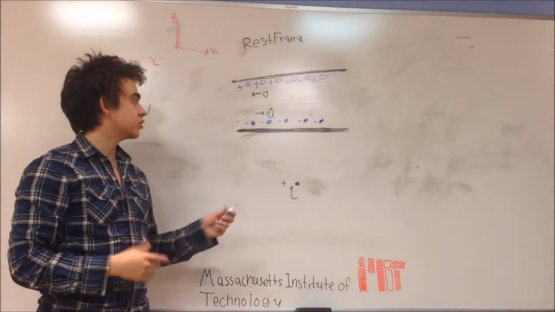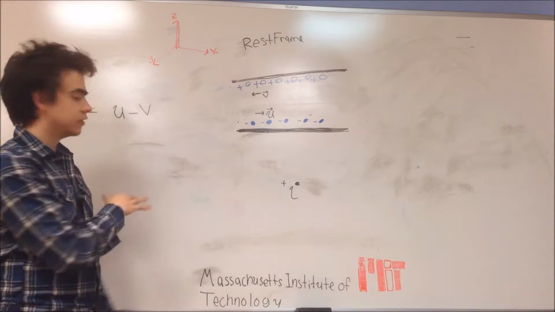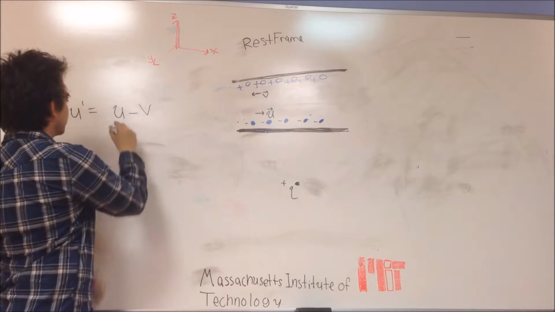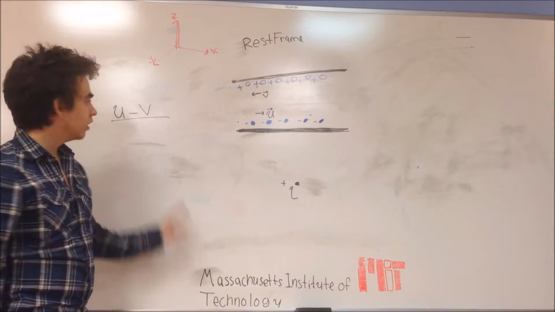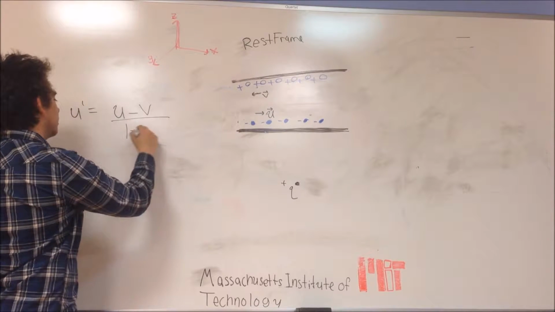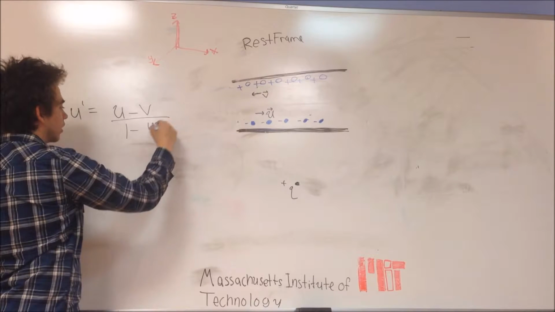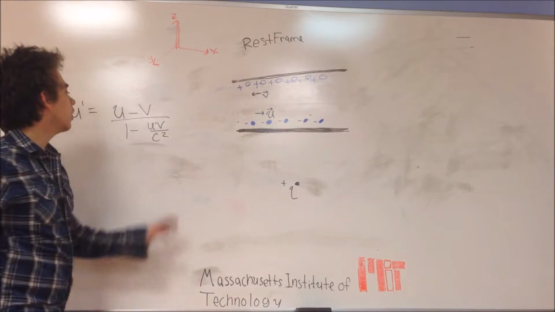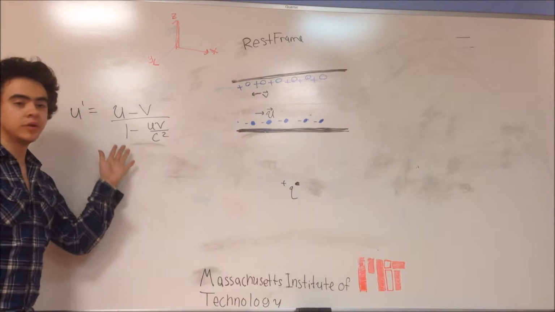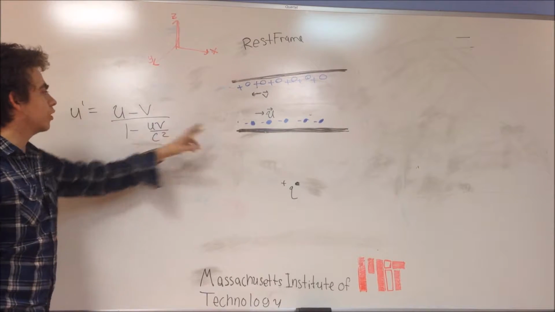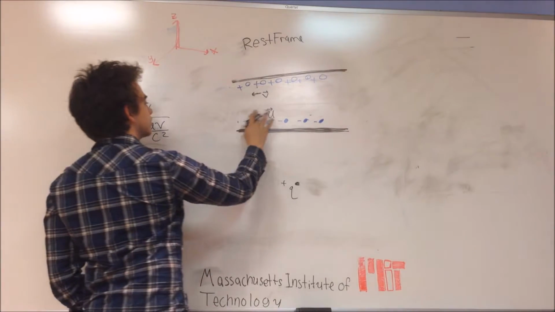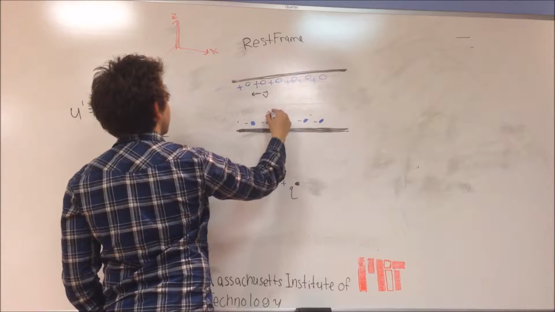However, we're now using special relativity, and this transformation is not valid. We're going to use a Lorentz transformation, in which we have to normalize this by a factor of gamma. Now this will be the correct velocity at which this u is going to move, a u prime velocity.